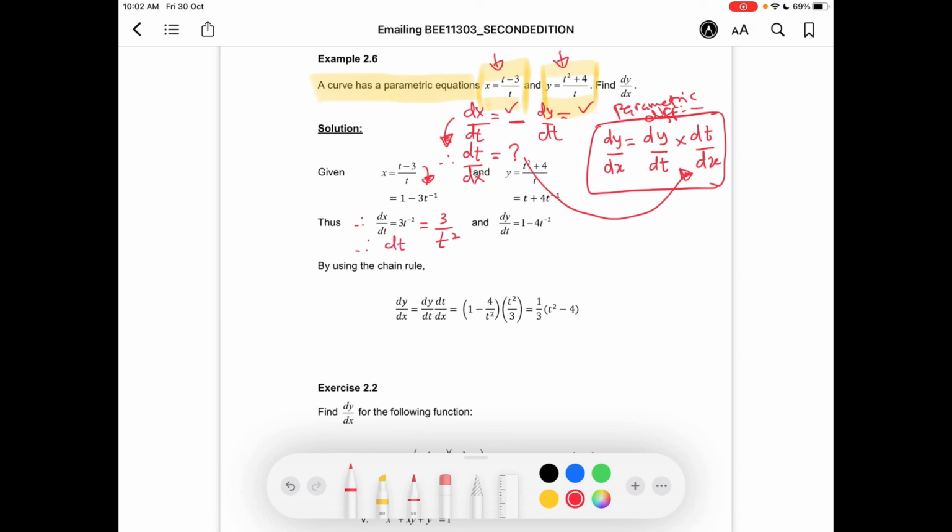Therefore, if we want to find dt over dx, so that we can use this formula, we get t squared over 3.